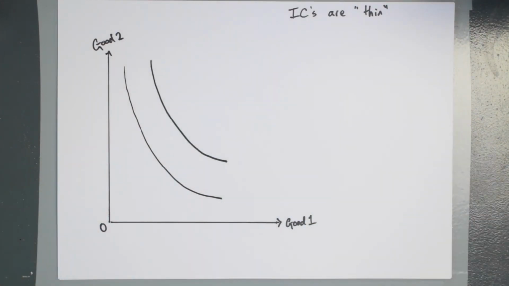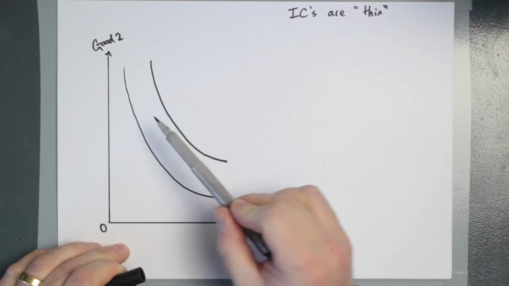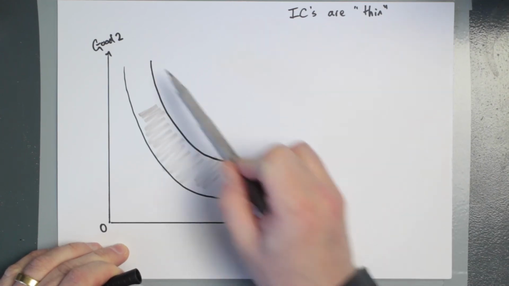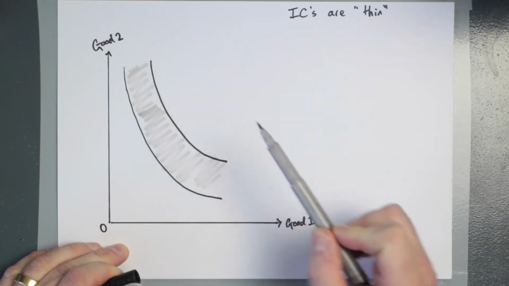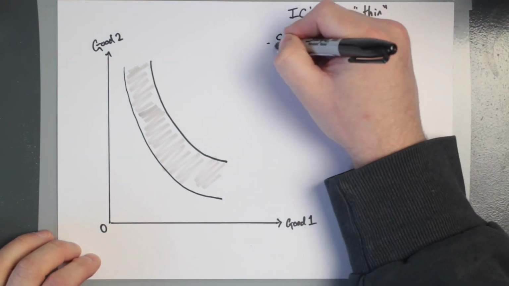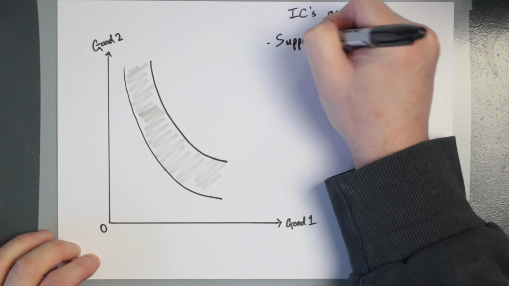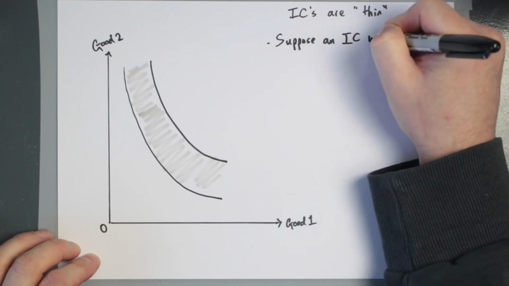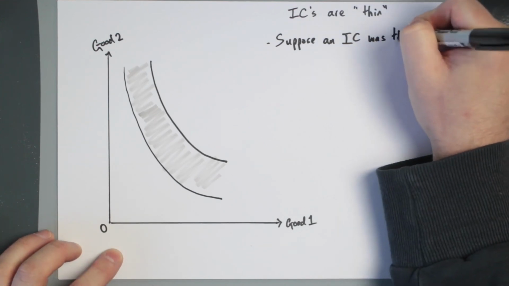I'm drawing it very, very thick, and I'm imagining that this entire space between these lines, which I'm very roughly shading, this entire shaded-in area, represents one indifference curve. Suppose that was true. So let's write: suppose an indifference curve was indeed thick.